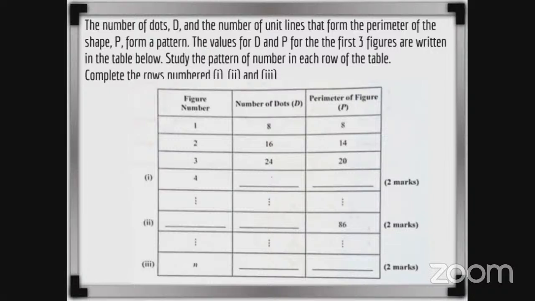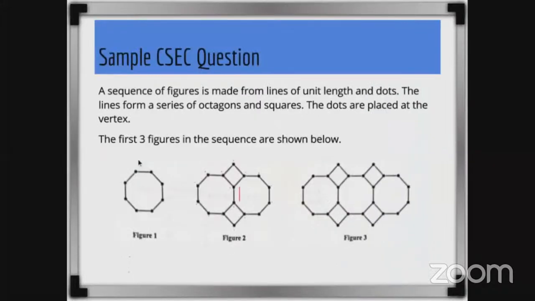Now they're also asking us to figure out the perimeter of the figure. Our perimeter is the lengths. We had said that these are unit lengths. So we know that the octagon has 8 sides, and each side would count as 1 length, so the perimeter would be 8.